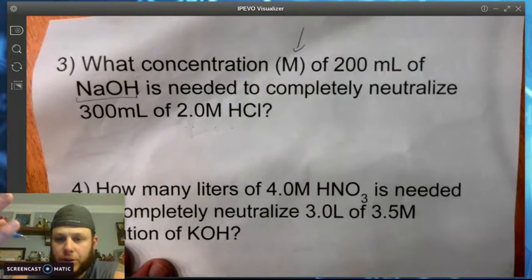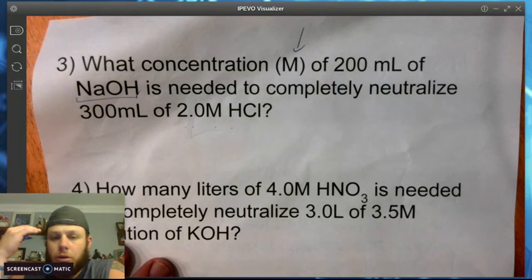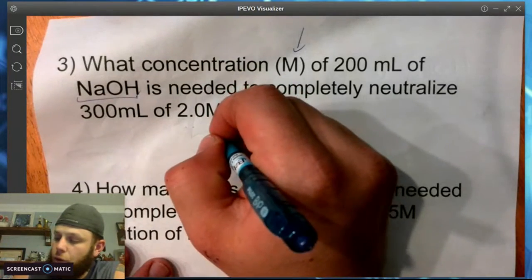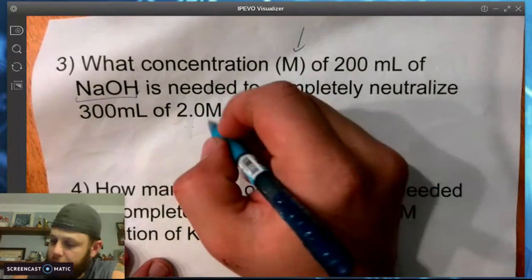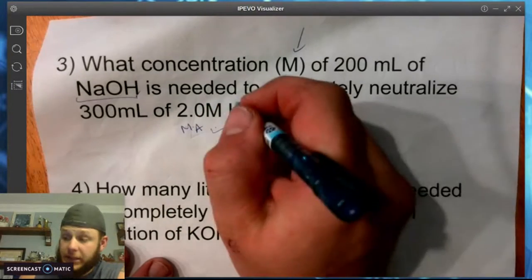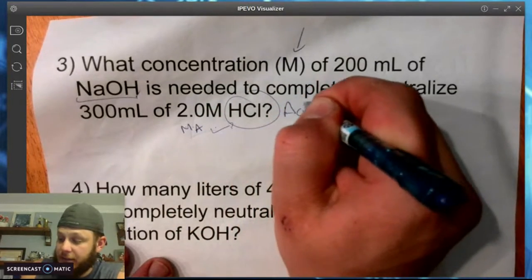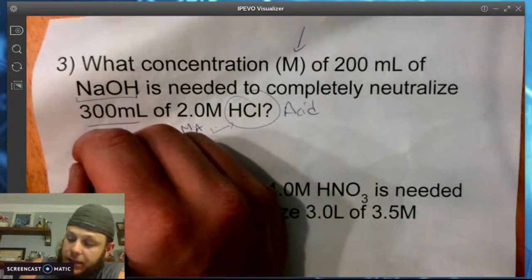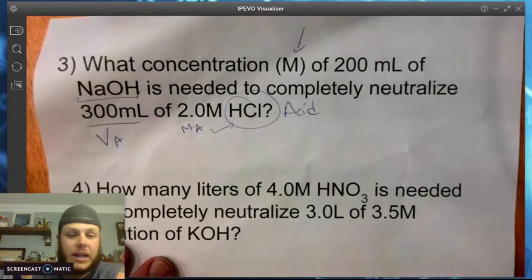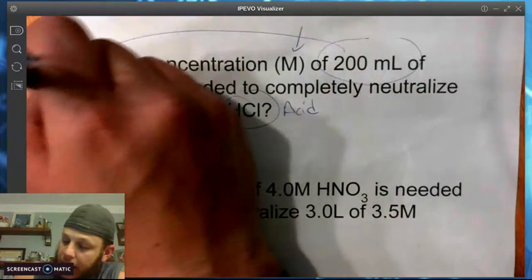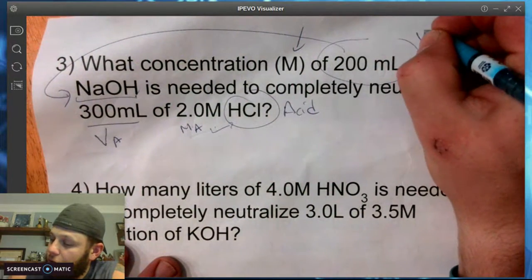As I normally do, you take all the information and identify what it is. 2 molar HCl is the molarity of the acid, because HCl is the acid. The 300 milliliters of that is the volume of the acid. 200 milliliters of NaOH is the volume of the base.